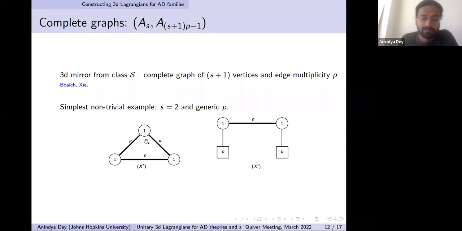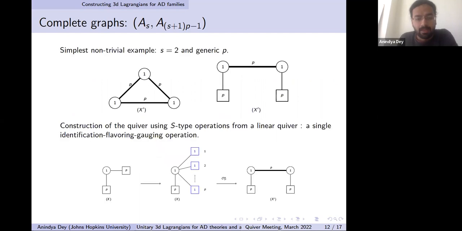So I have factored out one of the U1s, which leads to this. Okay. So now the idea is to take this and ask whether this can have a Lagrangian mirror.